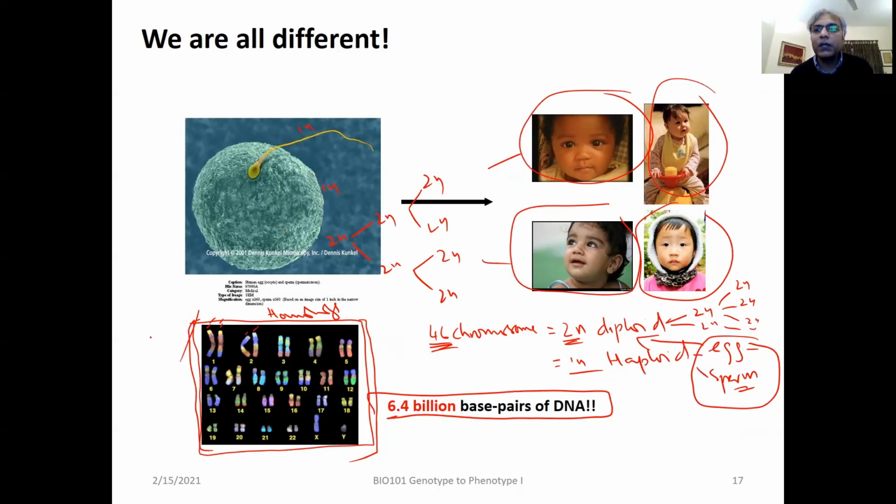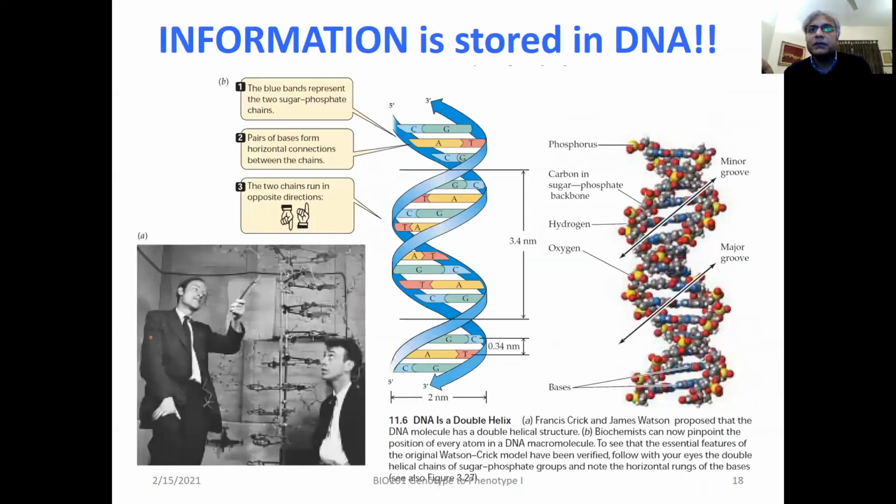Different plants have their own number of chromosomes, but our genetic information is unique. The DNA sequence is unique. This unique information in each species is stored, as we learned, in the form of DNA. And Watson and Crick in 1952 solved the structure of the DNA.